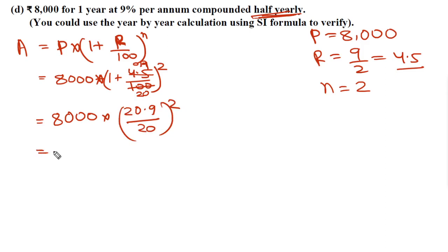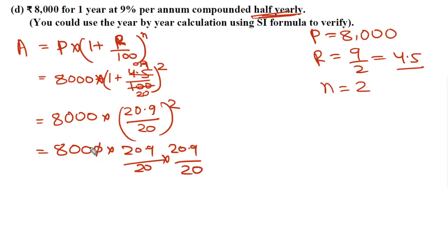So it will be equal to 8000 into 20.9 divided by 20 into 20.9 divided by 20.